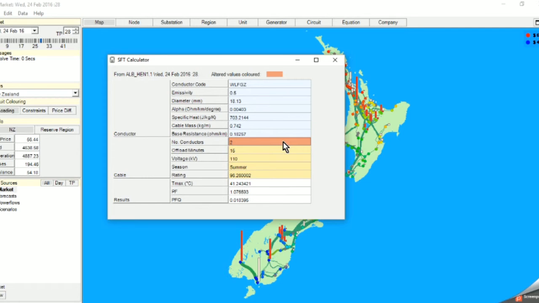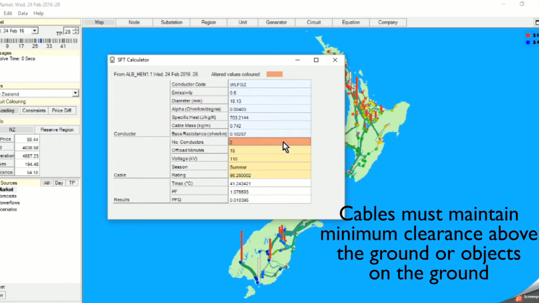The thermal ratings and the amount of sag and the Tmax are all intimately related. Tmax is the temperature the cable reaches at its rating, and its rating is generally set by ensuring that the cable doesn't sag below minimum clearance levels between either the ground or objects on the ground.